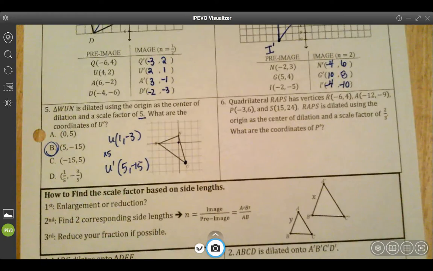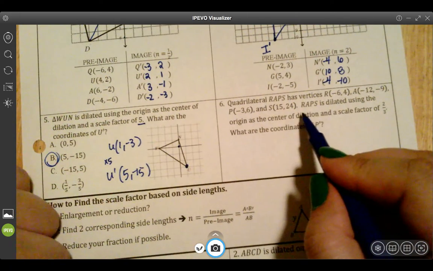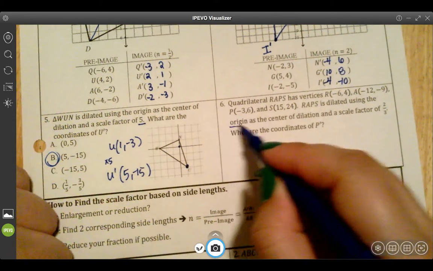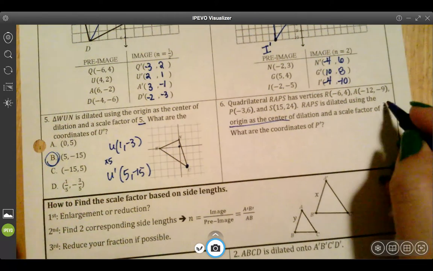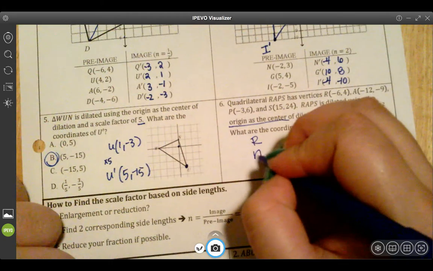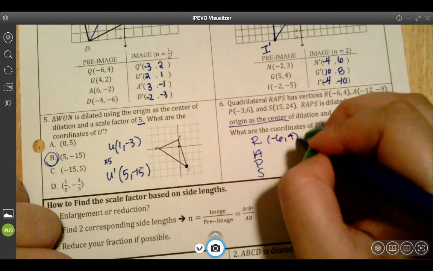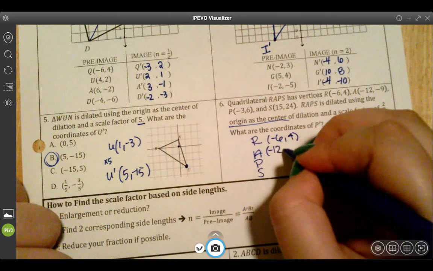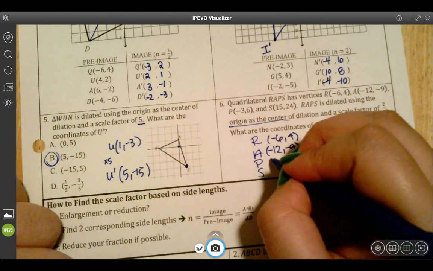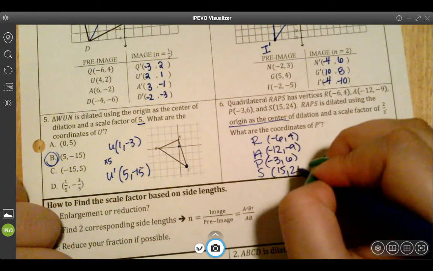For number 6, we have quadrilateral RAPS with the vertices given. It's dilating using the origin as the center with a scale factor of 2/3. Find the coordinates. So I'm going to write them here. RAPS: (negative 6, 4), (negative 12, negative 9), (negative 3, 6), (15, 24).